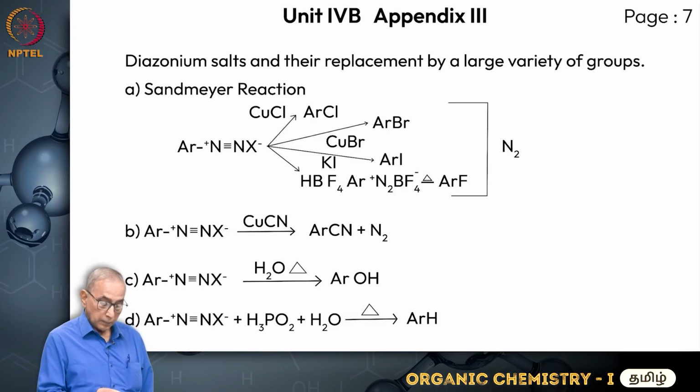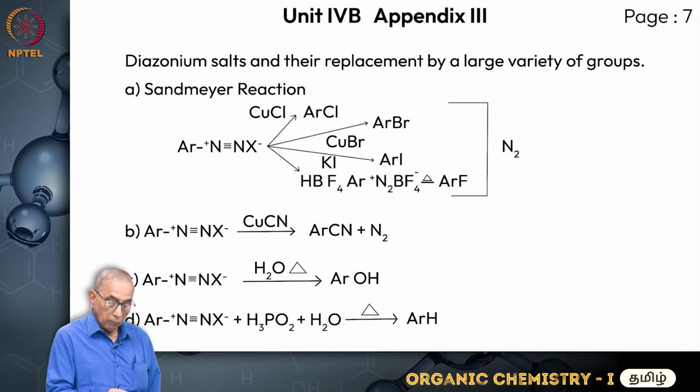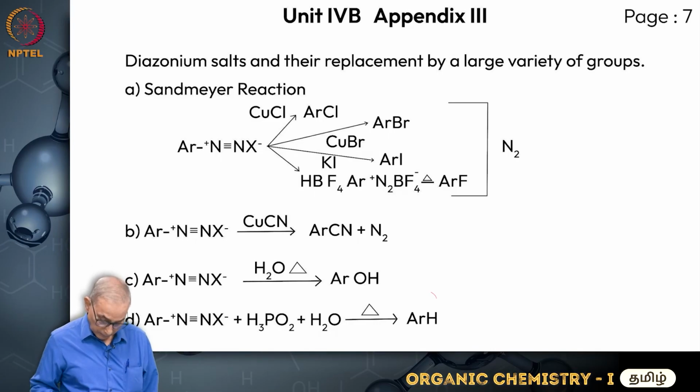ArN plus triple bond NX minus with H3PO2, a reducing acid derived from phosphorus, H3PO2 plus H2O. When you react it, this bond is reduced with hydrogen and you get ArH, and here also you get N2 as the byproduct.